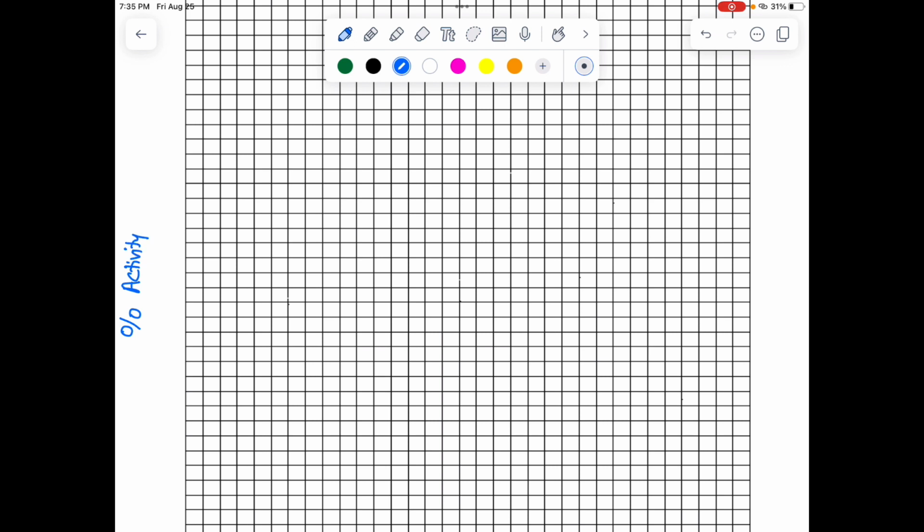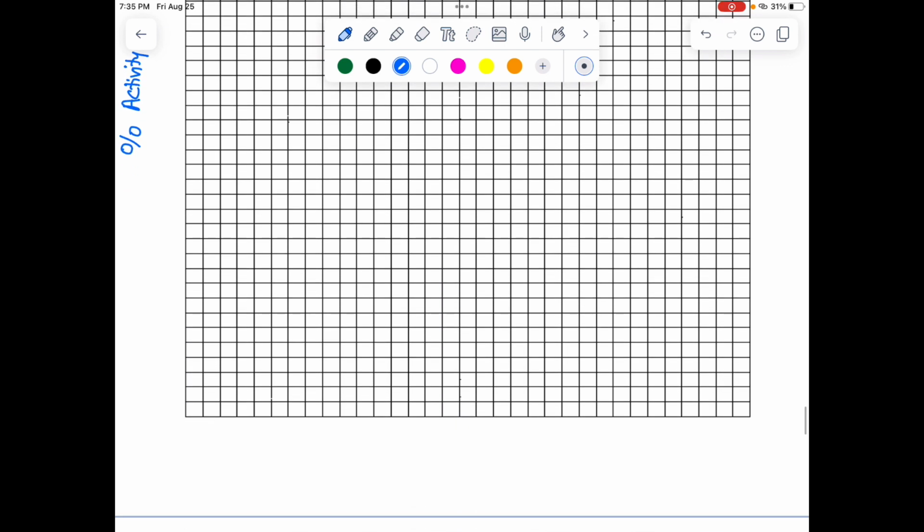We already know the lowest percentage of activity is going to be 0. And every other line we're going to label as another 5% until we get all the way up to 100. And then we'll have both of our y-axes ready to go for our graphing.